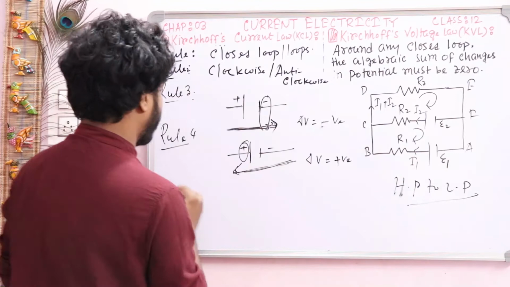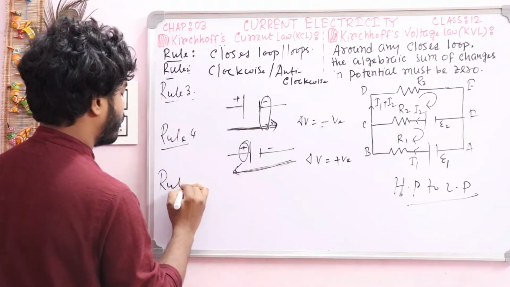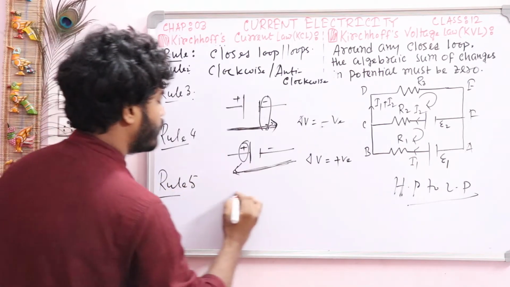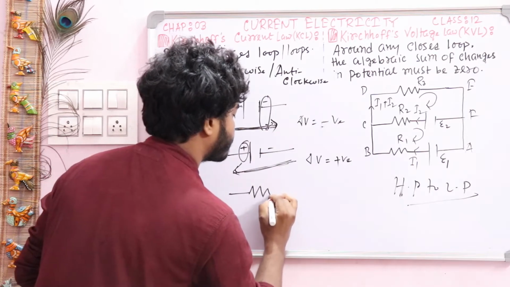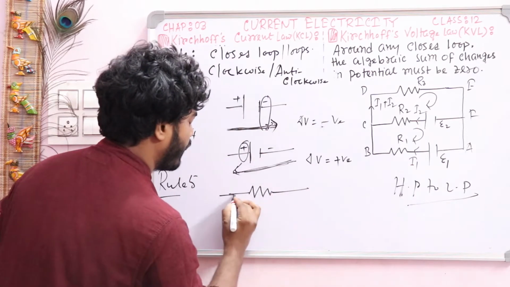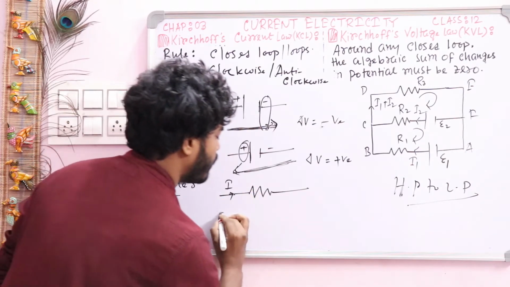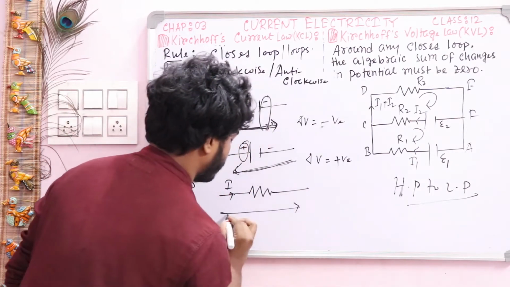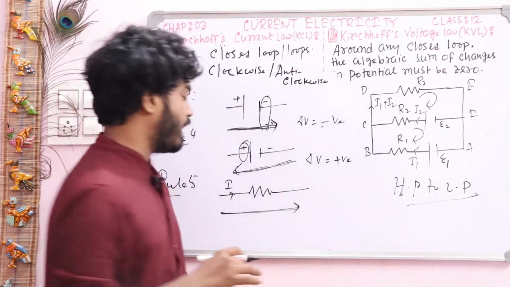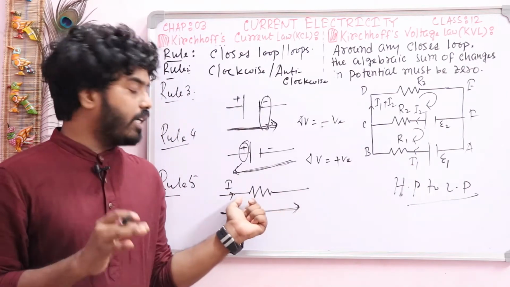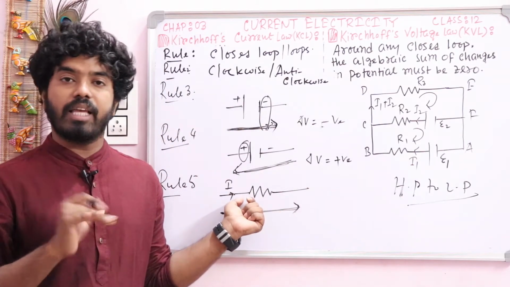Now rule number 5. Suppose this is our resistance and current is flowing in this way, and your direction is also this way. That means your direction and the direction of current are the same.